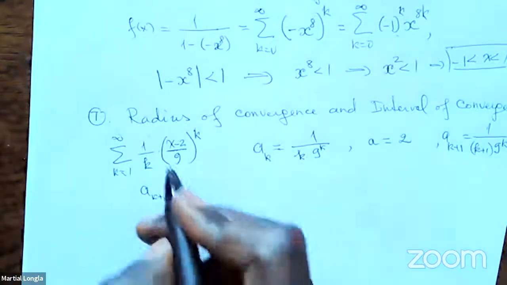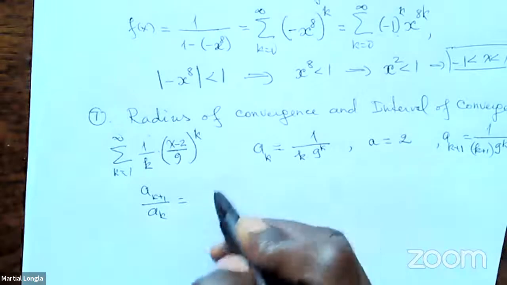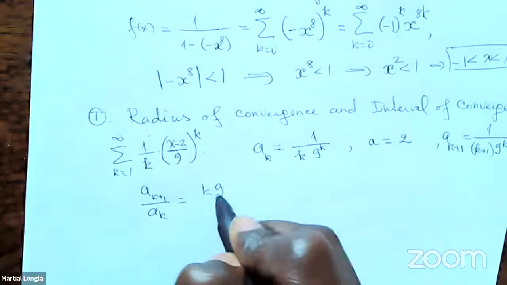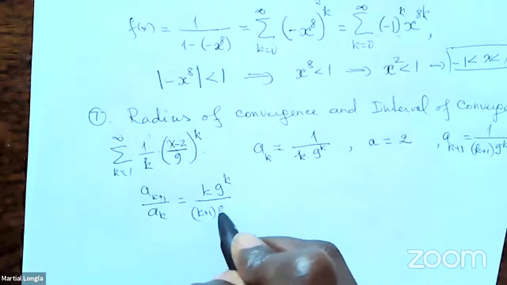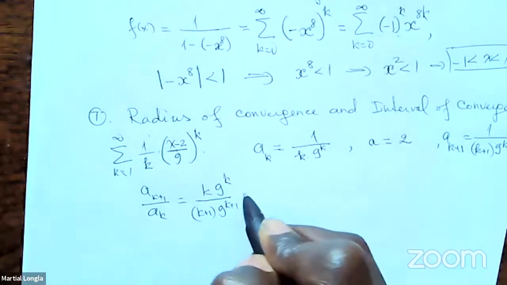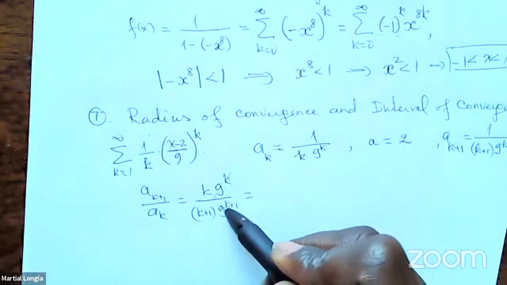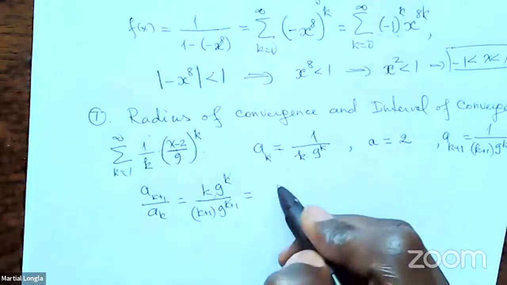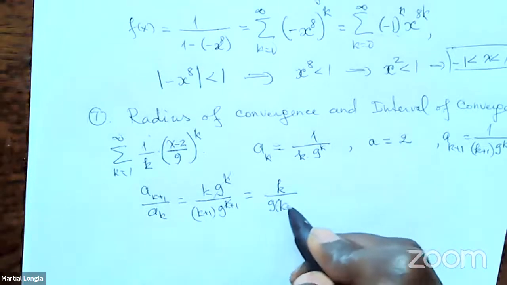And so AK plus 1 over AK would be k times 9 to the k over k plus 1 times 9 to the k plus 1. And then you simplify this. 9 to the power k goes with the power k here. So you get k over 9 times k plus 1.